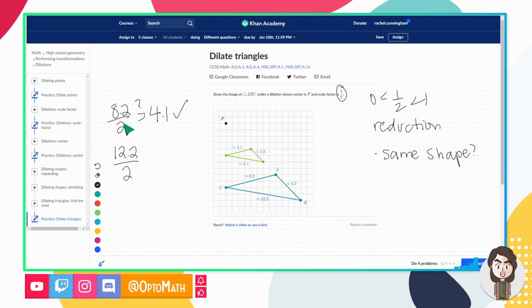The reason I'm dividing by 2 is it's the same thing as multiplying by 1/2. I'm just applying my scale factor here. That should equal 6.1 because this side corresponds to this side, and it does. And lastly, let's check 5.7 divided by 2. Does that equal 2.8? It does. So we're good to go. Let's check.